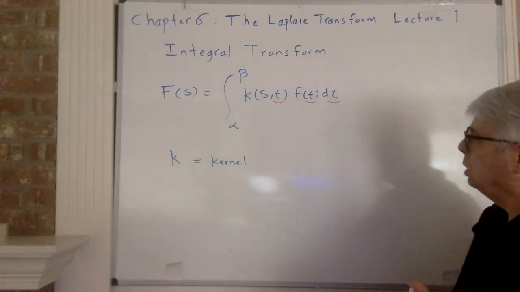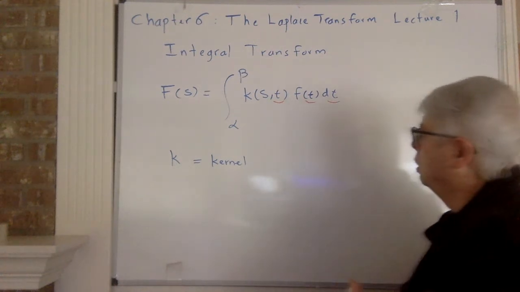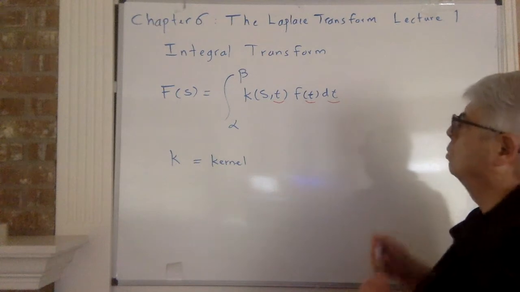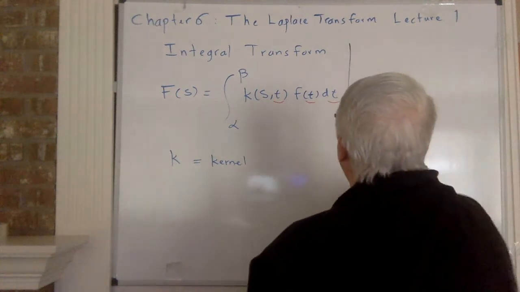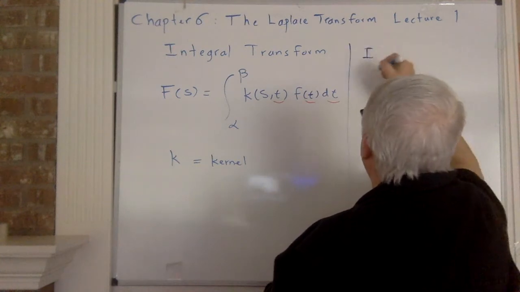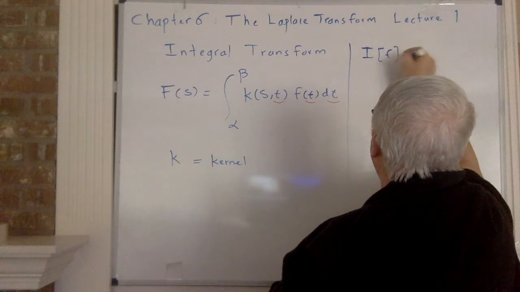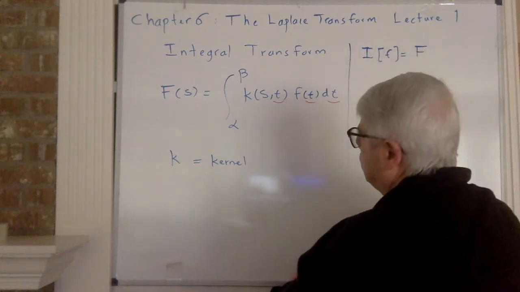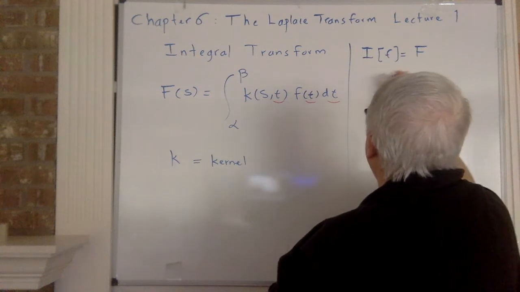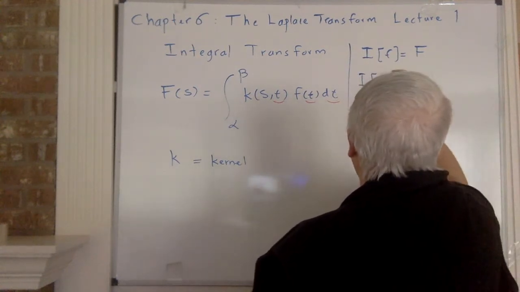Well, you can see that this integral transform in fact is linear, right? So let me show you that this integral transform and any other integral transform is some kind of linear. So if I call this integral transform I, if I say I of f is this big F, let's call it I. Then what is I of, say, f plus g?